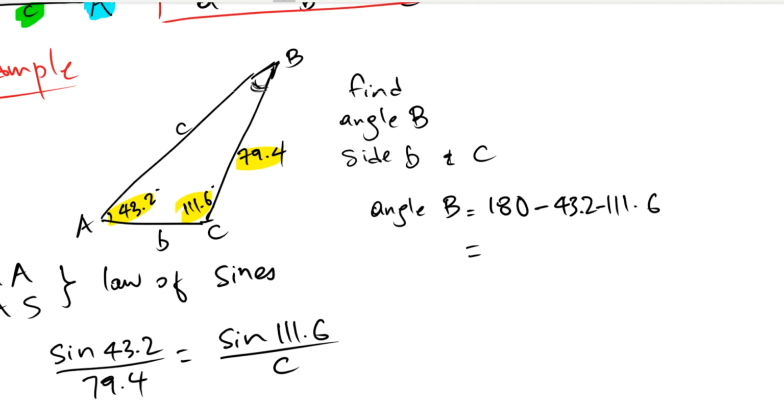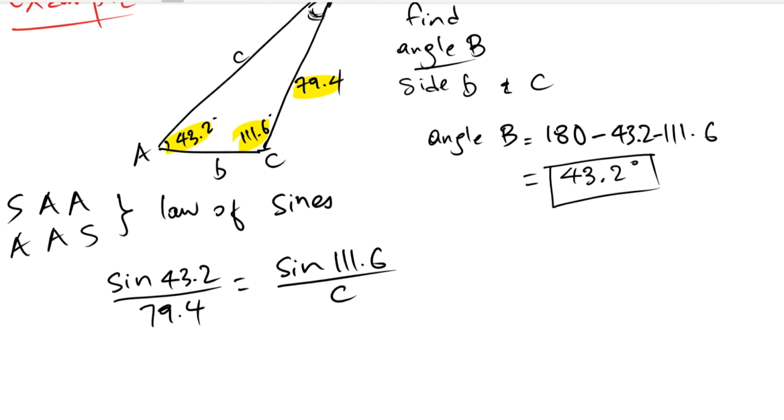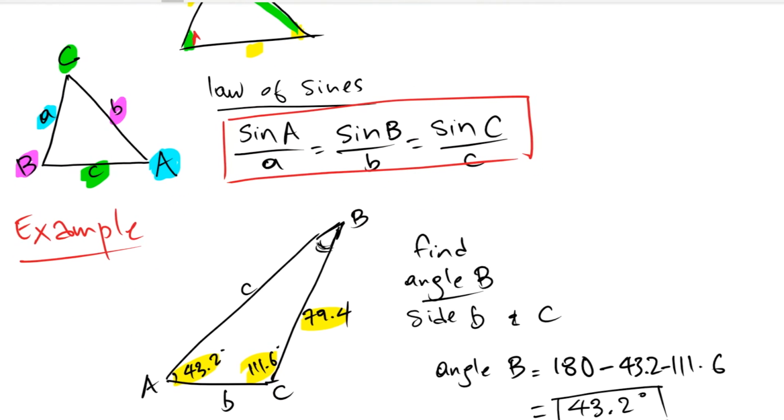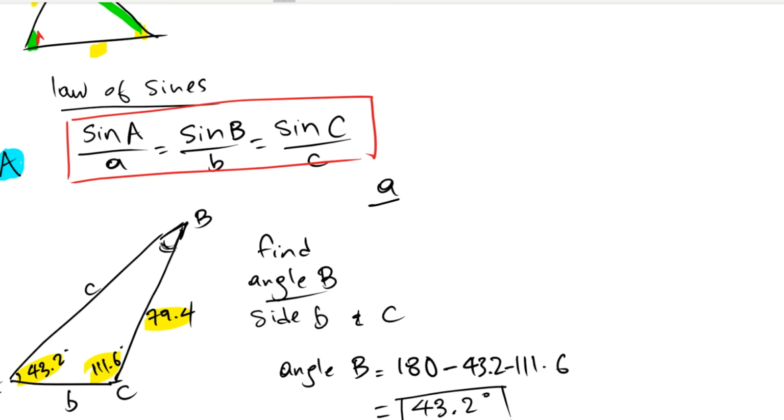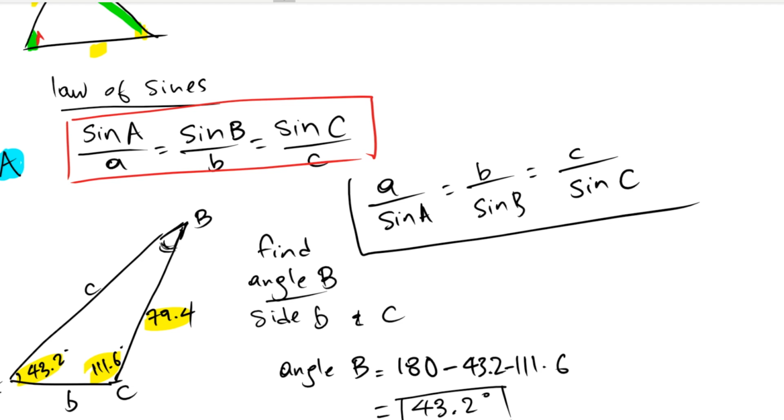Now, this formula could also be written with the reciprocal, and that is correct as well. You just have to be very consistent. You could also write it as A over sine of A is equal to B over sine of B is equal to C over sine of C.